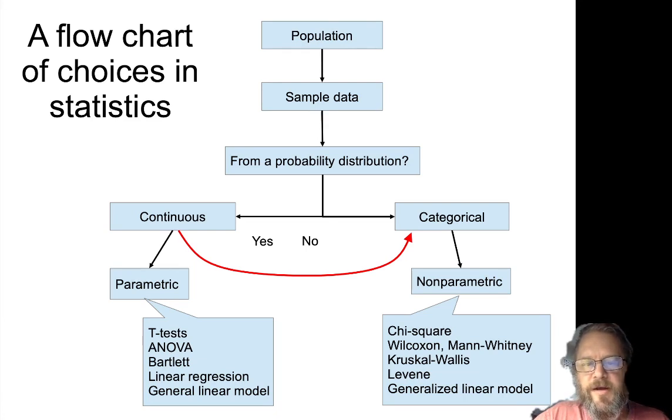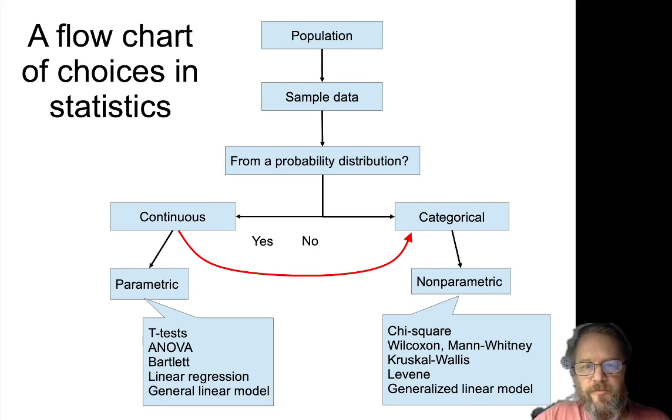On the other hand, if your data doesn't come from a probability distribution, you're dealing with categorical traits. These are called non-parametric. So there's a whole bunch of statistical tests that are used if you have non-parametric data sets.